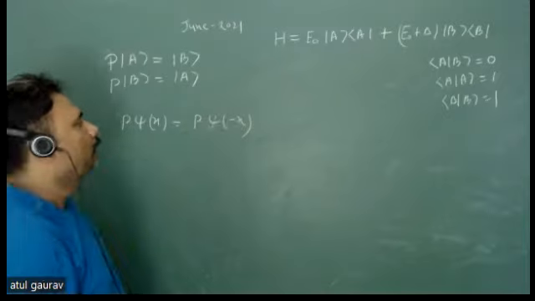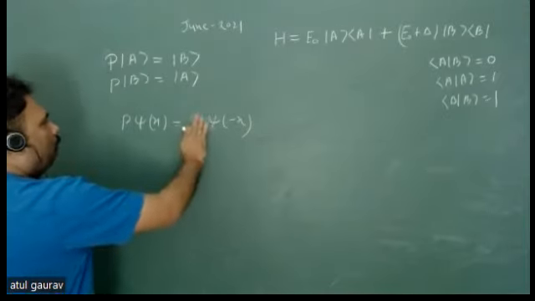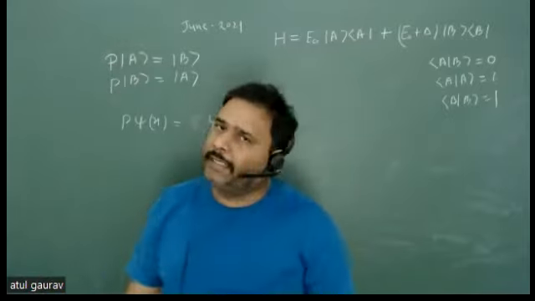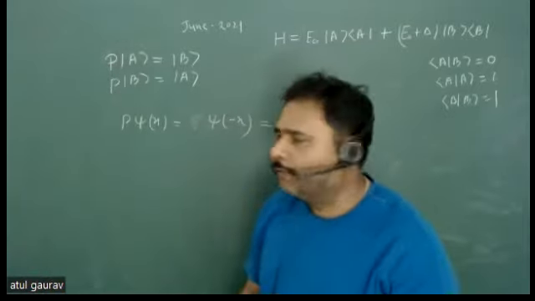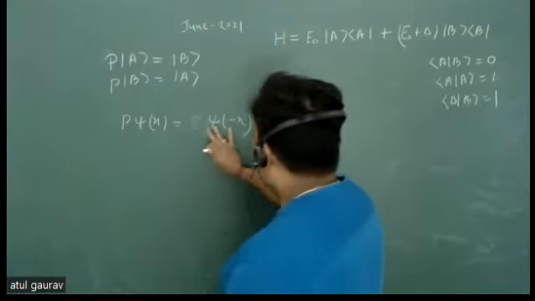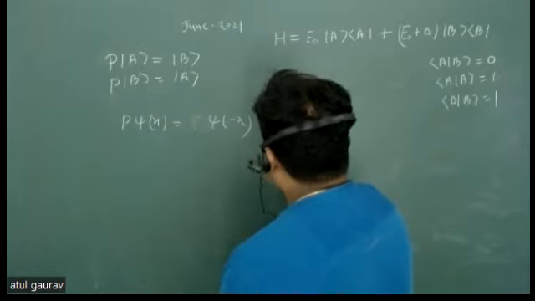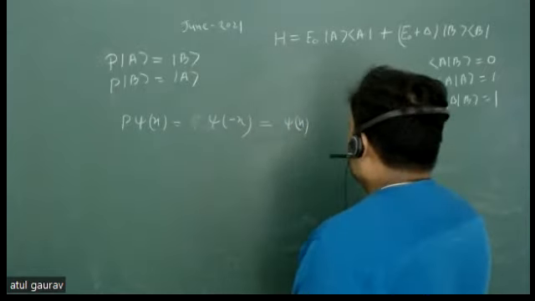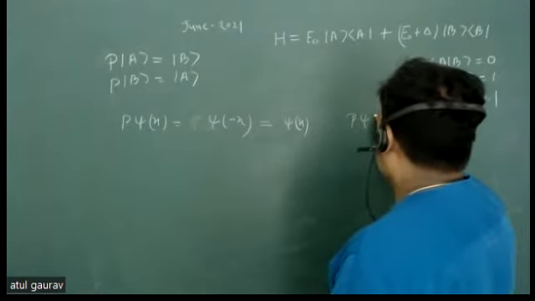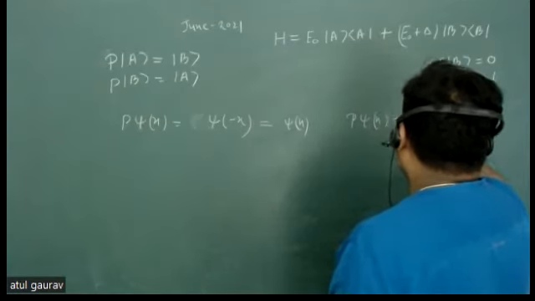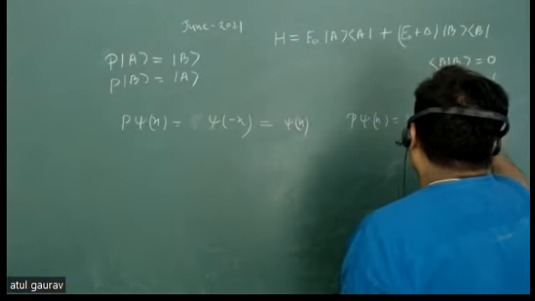Now there are two kinds of parity, either it is the even one or it is the odd one. So what will happen if psi of minus x is equal to psi of x? Then obviously, what is the eigenvalue? So P psi x is equal to psi x, yes, one. That means this is even parity.